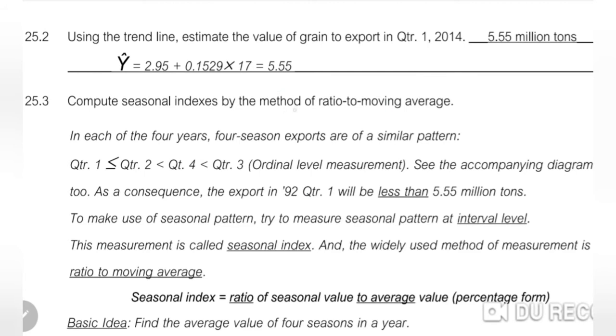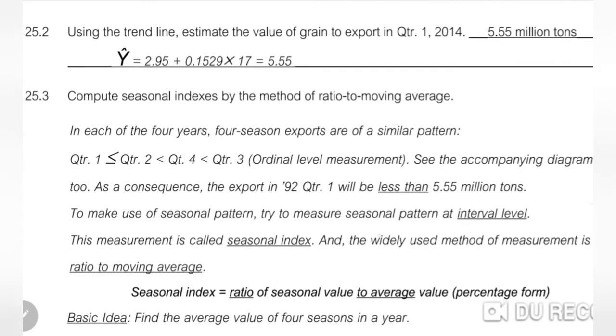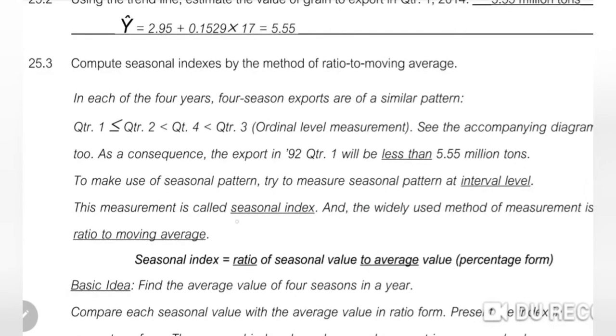If we know how much less, we can change to that value. How much less or how much more than the line is called the seasonal index. We try to measure this extent. In statistics, the classical measurement method is called the seasonal index.